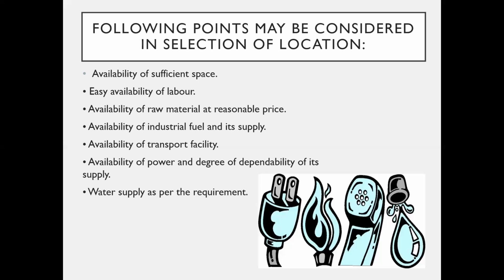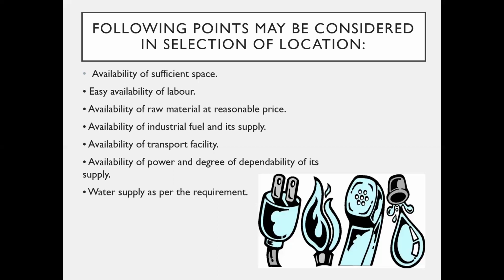Until it reaches the customers, it has to go through various activities. One of those activities is transportation. If there is no proper transportation facility, there will be unproductive business activities.